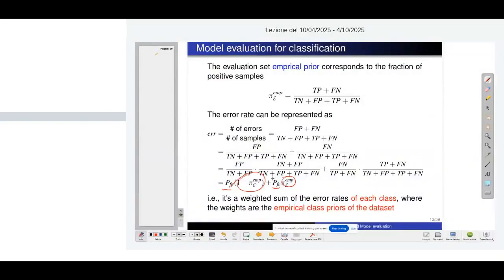Now the cost will take the role of the error rate. So rather than having error rate, we have per class cost. And we will see that the per class cost depends on the error rate per class.